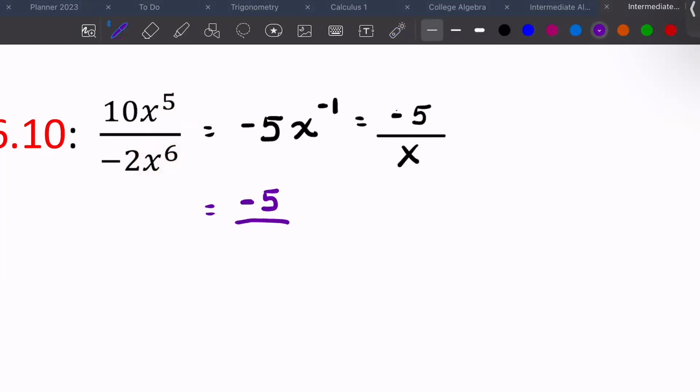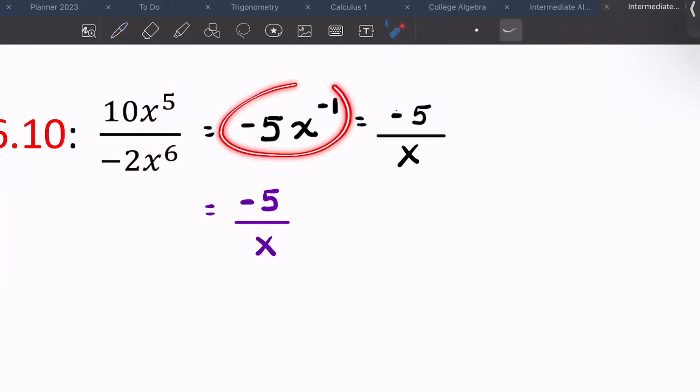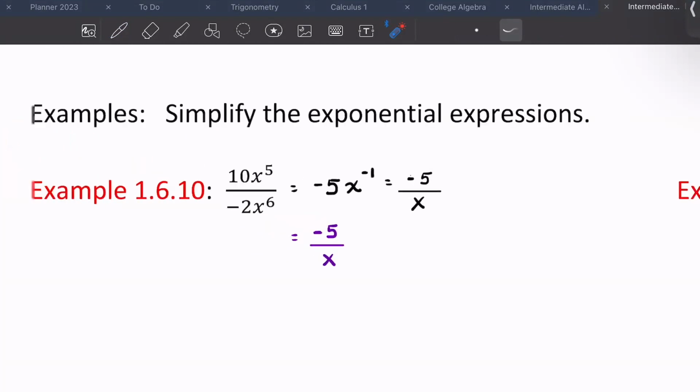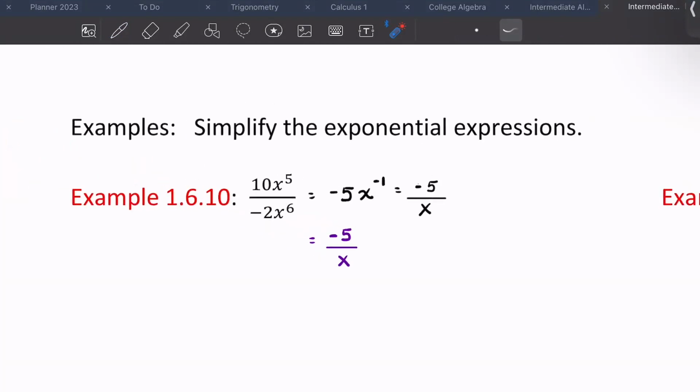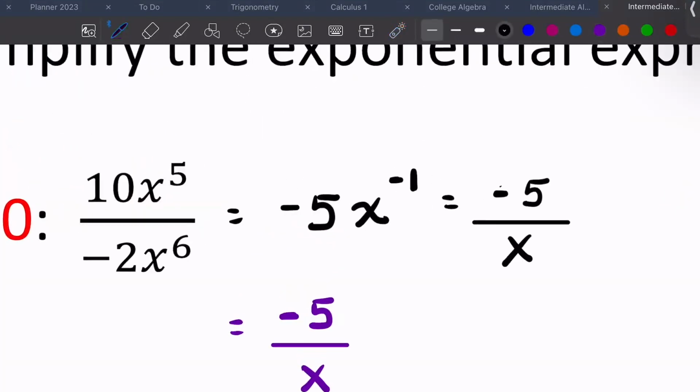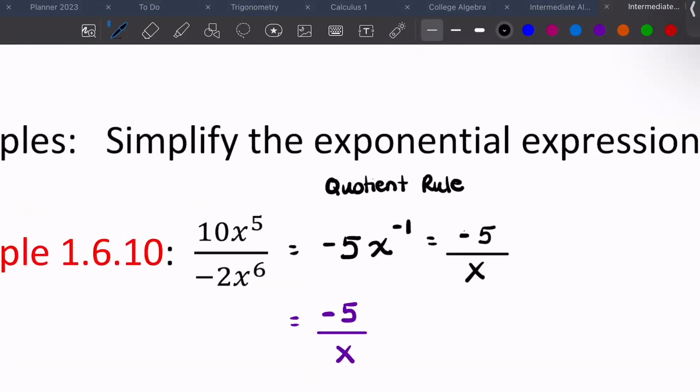So I would put x in the bottom. So you get the same thing, you just skip this step. Okay. And we'll get some more practice with that. And that was just straight quotient rule. Okay, I'll write the rules if it helps you identify them.